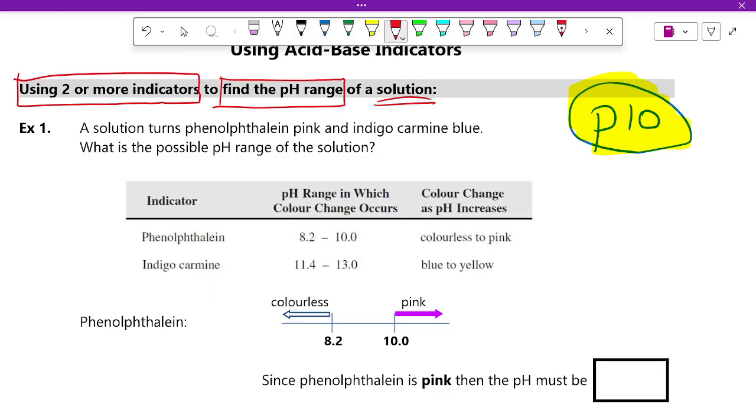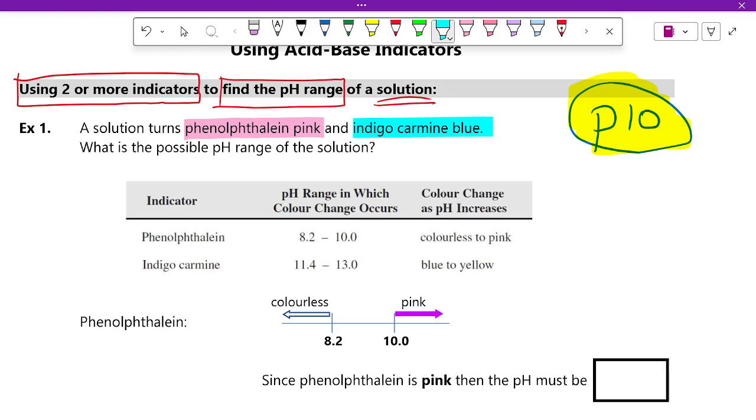So you'll be given some information like, a solution turns phenolphthalein pink and it turns indigo carmine blue. What is the possible pH range of this solution?